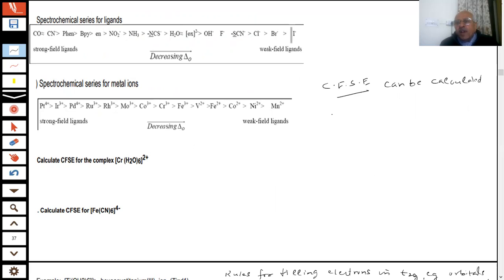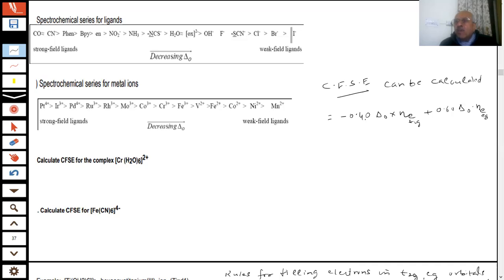You have minus 0.40 delta O into the number of electrons in T2G, plus 0.60 delta O into the number of electrons in EG. By this formula, we can calculate the crystal field stabilization energy, student.